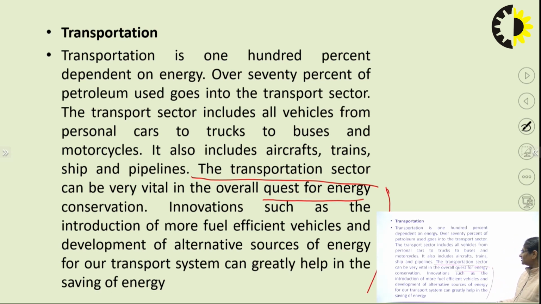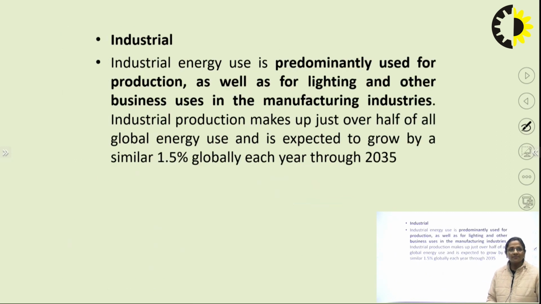Innovations such as the introduction of more fuel-efficient vehicles and the development of alternative sources of energy for our transport system can greatly help in saving energy.